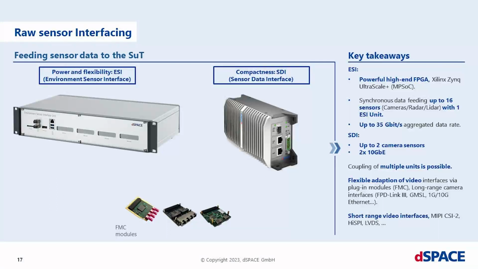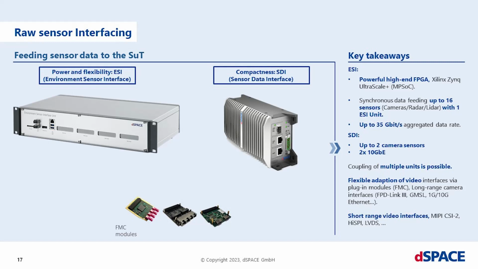As mentioned, depending on the use case, different hardware devices can be used to feed raw sensor data to a SUT. The environment sensor interface unit on the left offers the highest flexibility. Thanks to the high-performance FPGA, the device can be connected to up to 16 camera sensors with an aggregated data throughput of up to 35 gigabits.